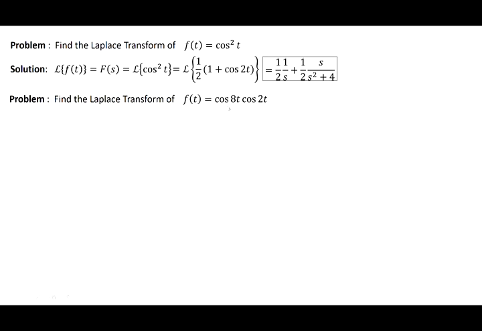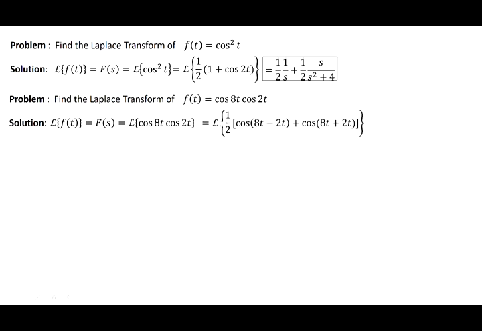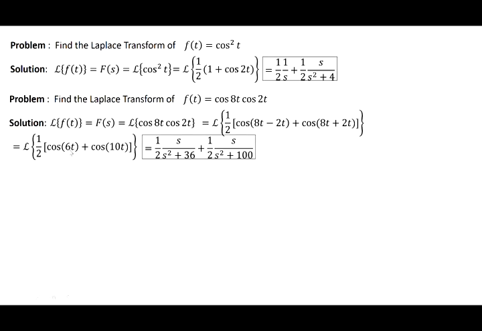But if you recall that identity, that cosine A cosine B is 1/2 of cosine of A minus B plus cosine of A plus B, A being 8t and B being 2t, then we are done. So this reduces to 1/2 of cosine 6t. Just like a while ago, Laplace of cosine kt is s over s square plus k square. So apply that and you're done.